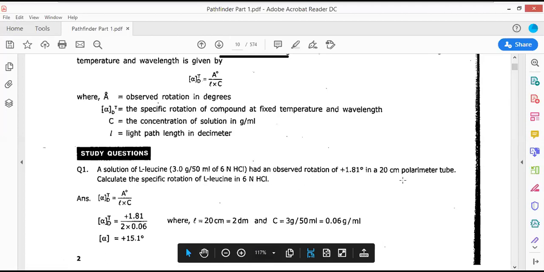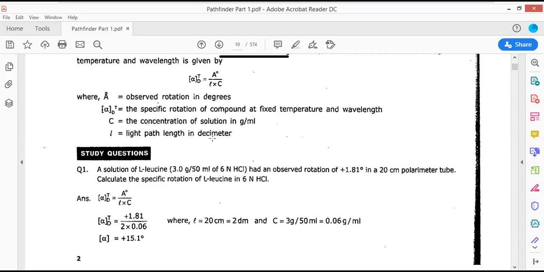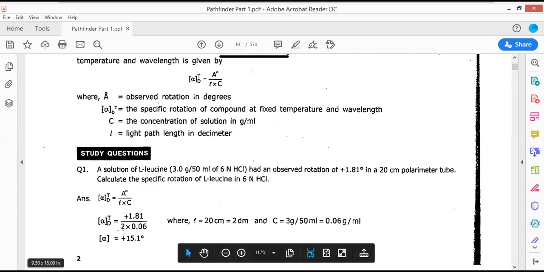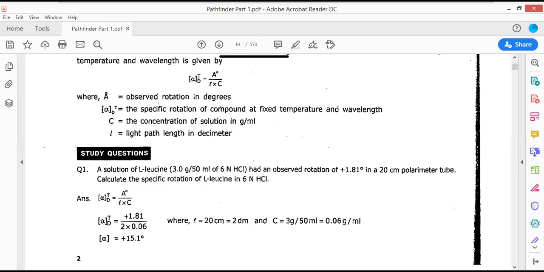Because this is a 20 centimeter polarimeter tube, you have to measure in decimeter. 1 decimeter equals 10 centimeter, so 20 centimeter will be equal to 2 decimeter. This is the length, and the concentration is 3 divided by 50, 0.06. The optical rotation at a specific temperature and specific density, at a concentration of 1 gram per ml, is called specific rotation.